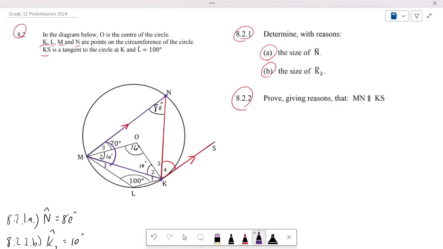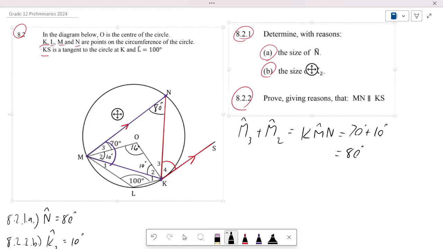And we know that the sum, so I'm just going to write it here, angle M3 plus angle M2 is equal to our angle KMN, which is equal to 70 degrees plus 10 degrees, which is therefore going to be 80 degrees. So that's what I'm trying to say. I'm trying to find the angle over here, the KMN, which was the angle in purple.